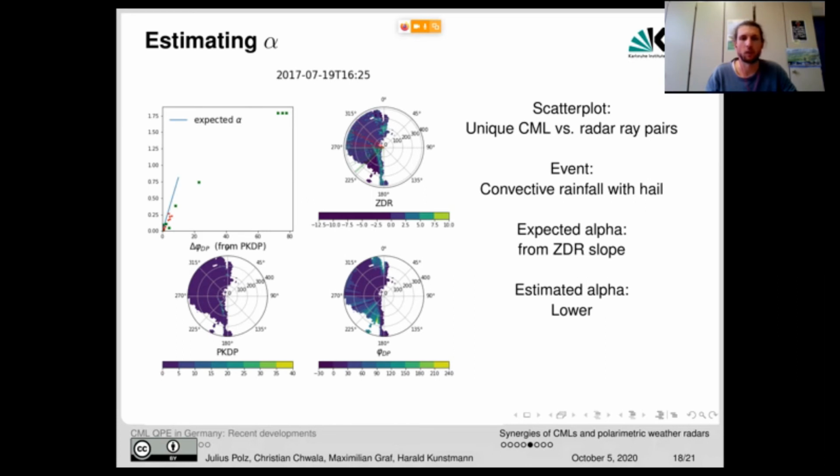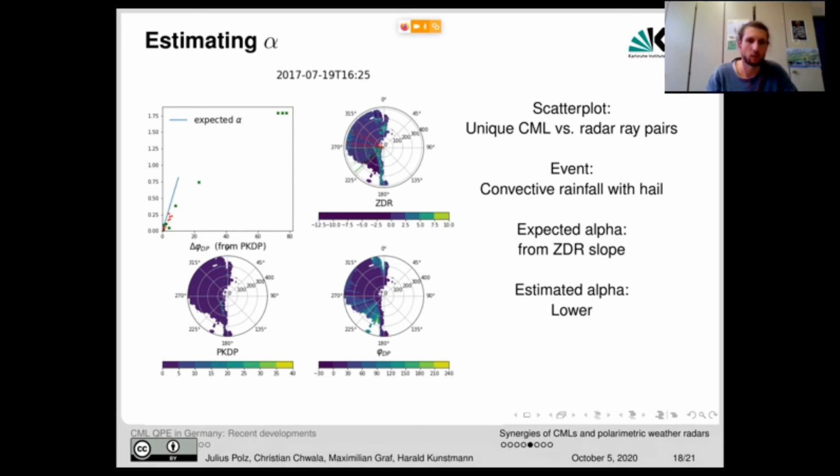The radar in the polar plots is in the middle, of course, and each quadrant of the plot has a different color, so that you can see where the points in the scatter plot come from. This expected alpha blue line is from the CDR slope. We already saw in Alexander Ryzhkov's talk today how that is created. And then we got this estimated alpha by the VDP versus attenuation comparison.